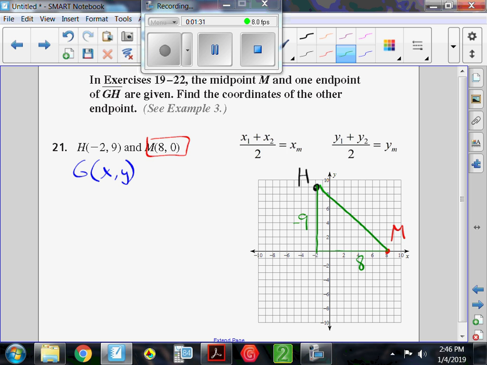So from point M, I'd have to go down another 9 units and over 8 units to get to point G. So G is going to be somewhere to the right. If we add 8 plus 8, we'll get 16. So 16, -9, maybe, but that's hard to see on the graph. So let's go and do the other strategy, which is to work with the algebra.